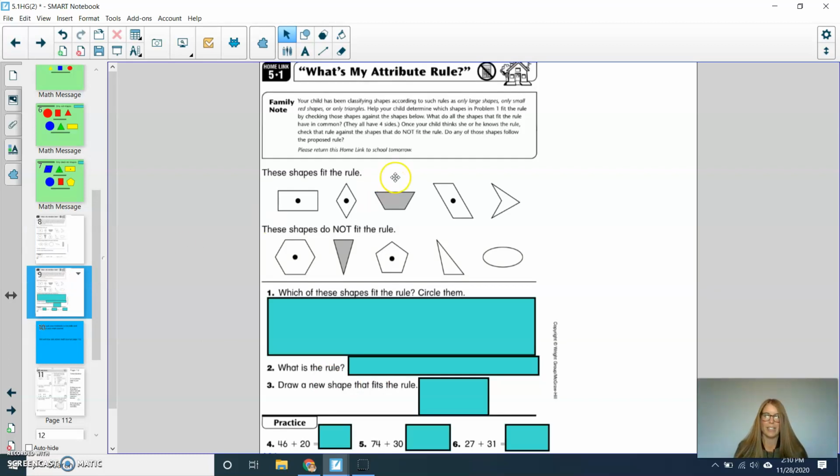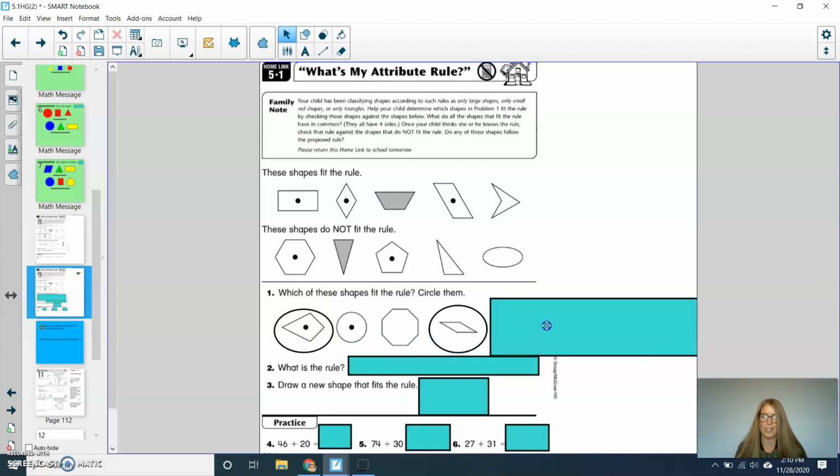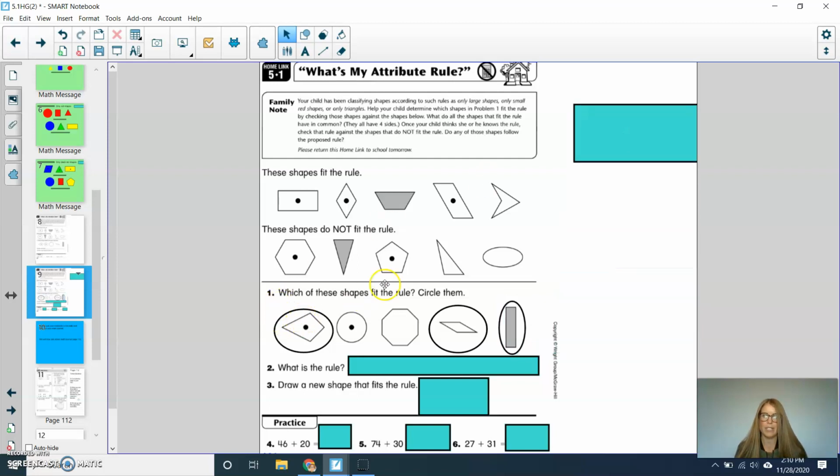All right, second graders. So when I'm looking at these shapes that fit the rule, I can see something that all of them have in common. And I know that this shape would work. And I know this one would work. And this one. So these are the three shapes that I circled.